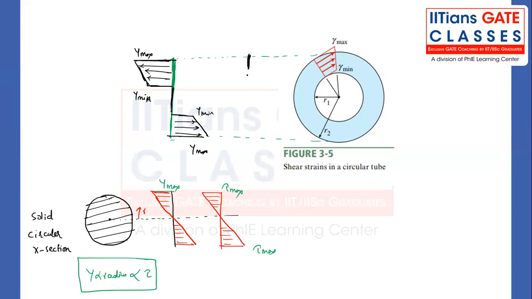Once again, we will write the particular values. Tau maximum, tau minimum, tau minimum, tau maximum.